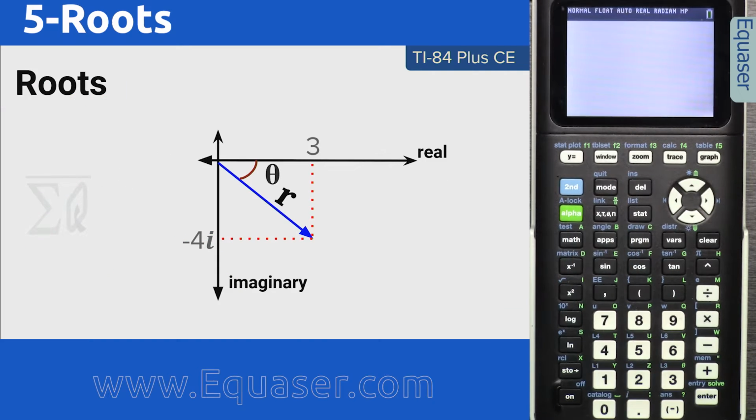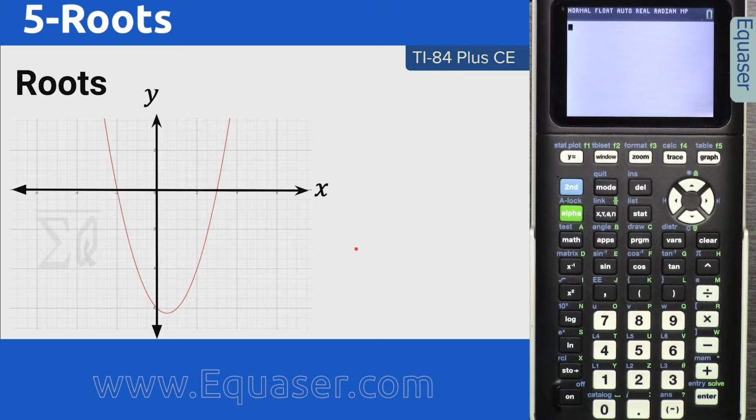When we talk about polar format, we have R, magnitude, and then theta, so this will be a circle rotating around. But if we have rectangular, then we have real and then imaginary part represented like this. And for the roots, for example, this is a quadratic, a second degree polynomial.